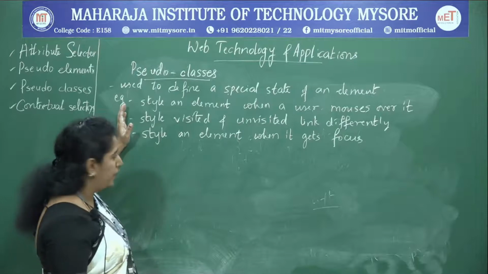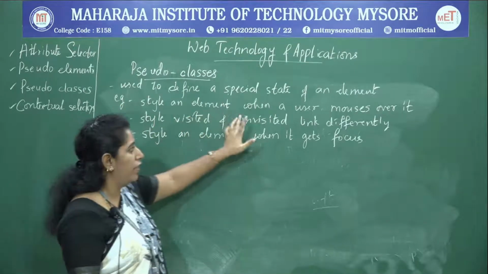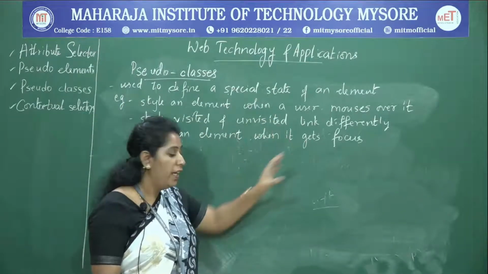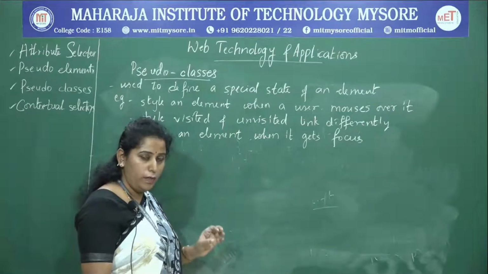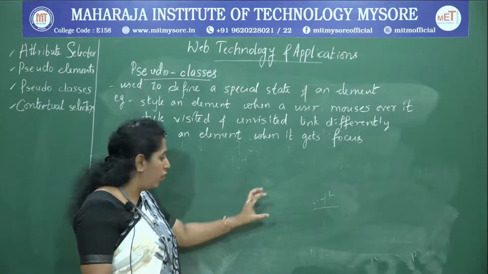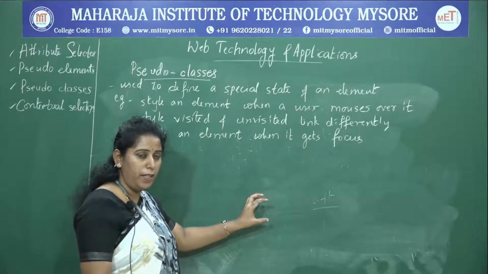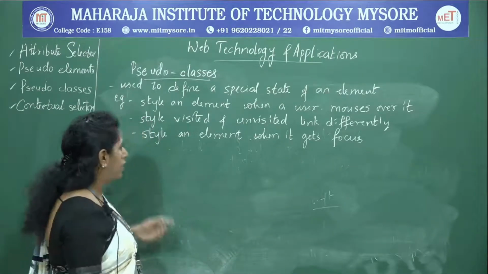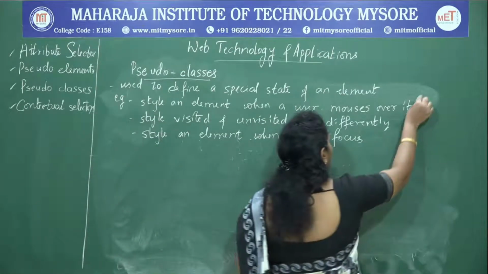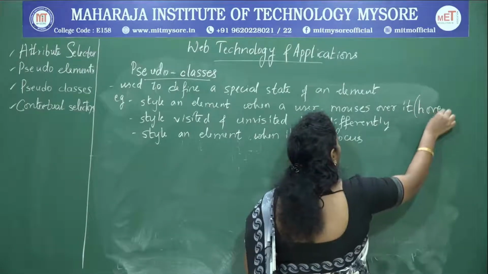For example, style an element when a user mouses over it. In the sense, when you place the cursor on a particular point of an element, how its state will be changed. Okay. That is achieved by a property called hover.